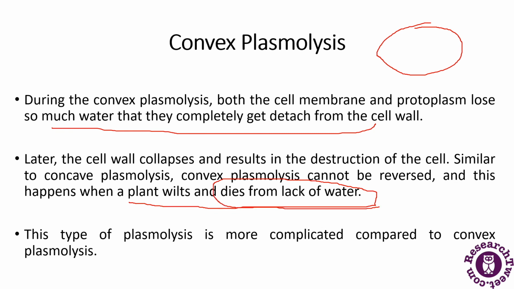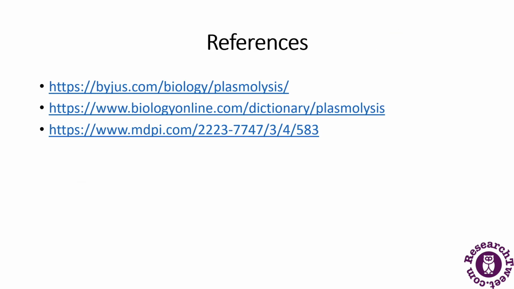The cell protoplasm and the cell membrane get completely detached from the cell wall. So this type of plasmolysis is more complicated compared to concave plasmolysis. So these are all the references.